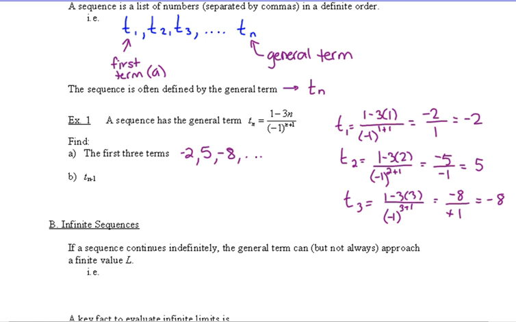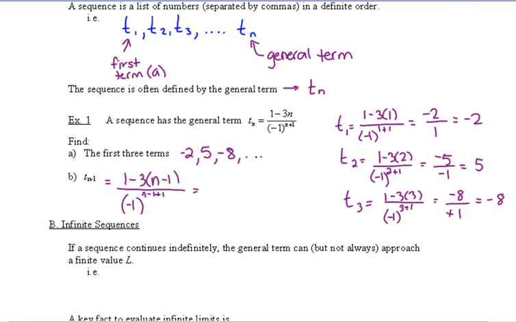Okay, so determine t of n minus 1. That's something you're going to do in inductive proofs in university math, this term minus 1. So let's just practice that. Wherever we see n, what are we going to put? n minus 1. All over negative 1 to the n minus 1 plus 1.